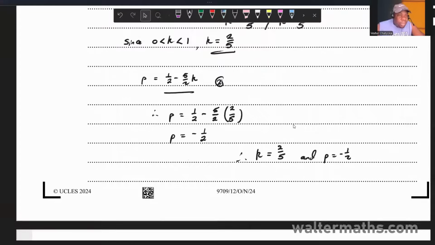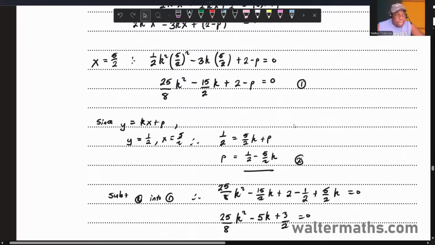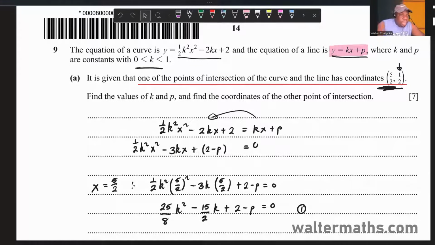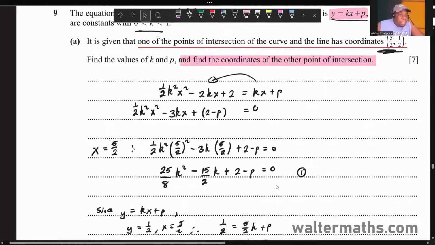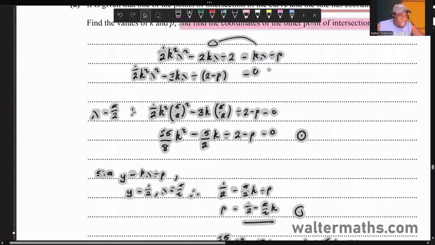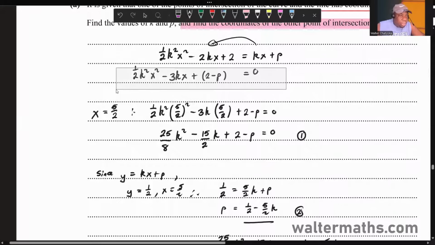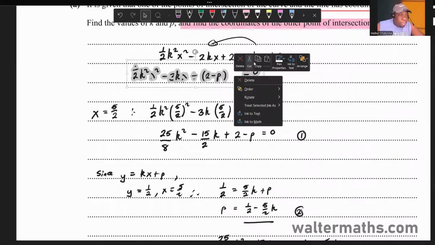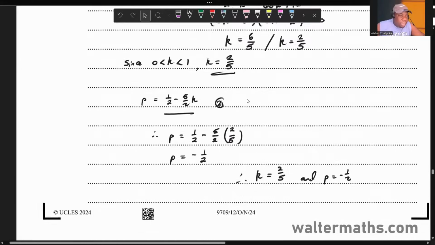Now, the question also says, if you look at the question here, they say, and find the coordinates of the other point of intersection. All right. So to get the other point of intersection, we are going to take the combined equation, which is this one. So when we combined the two, we got this equation here. So I'm going to paste it down here.